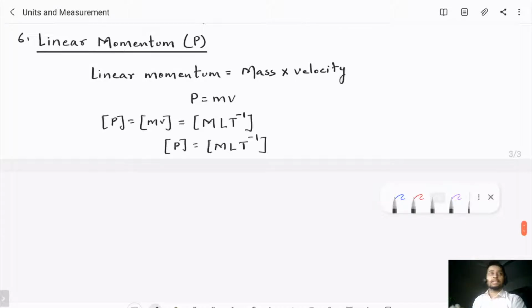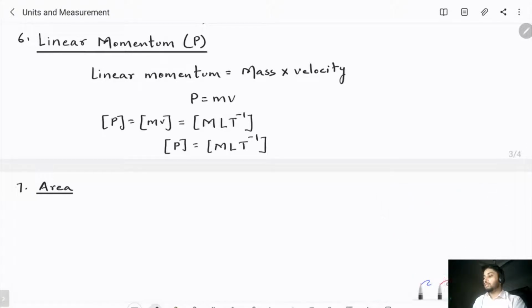Now we'll see the next physical quantity, that is area. So for finding the dimensional formula for area, you can think of any area formula that you know. So we know that area of a rectangle is length into breadth, so we can use that formula.